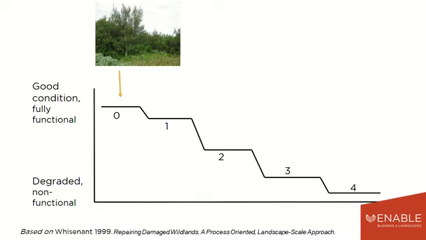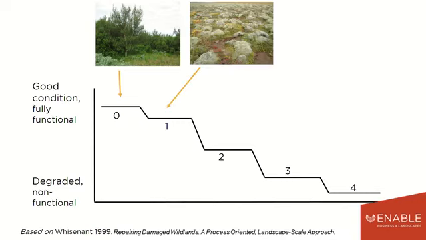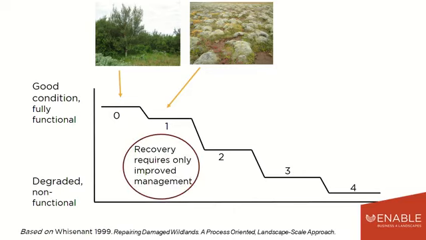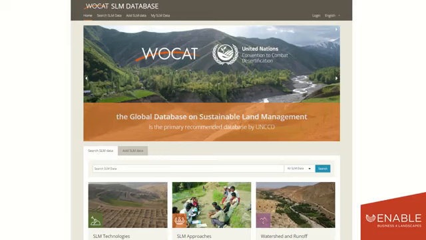If land degradation is not too severe, changes in land management to reduce pressures from human-induced disturbances, for example grazing or agricultural mismanagement, may be sufficient to induce ecosystem recovery without further interventions. When this is the case, we recommend that you look at the WOCAT database that contains diverse examples of sustainable land management. You can find a link to this database in the background material on the course webpage.